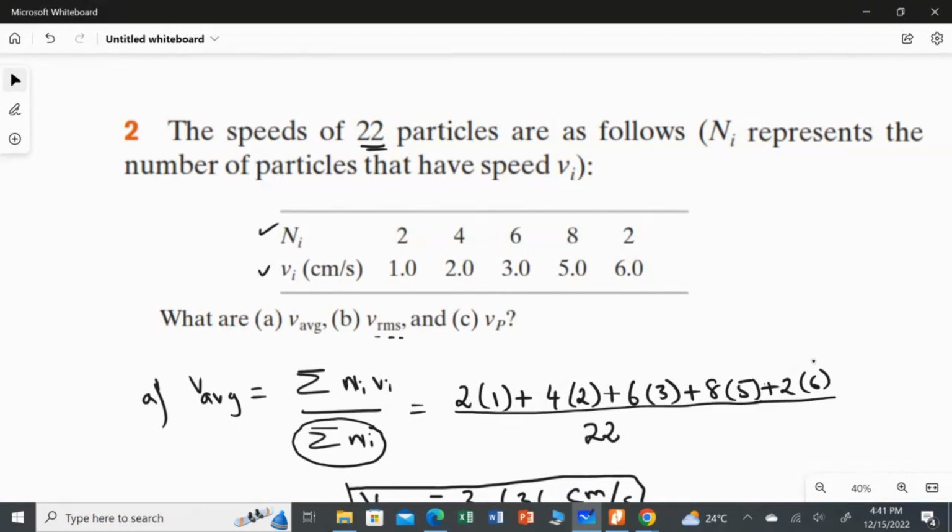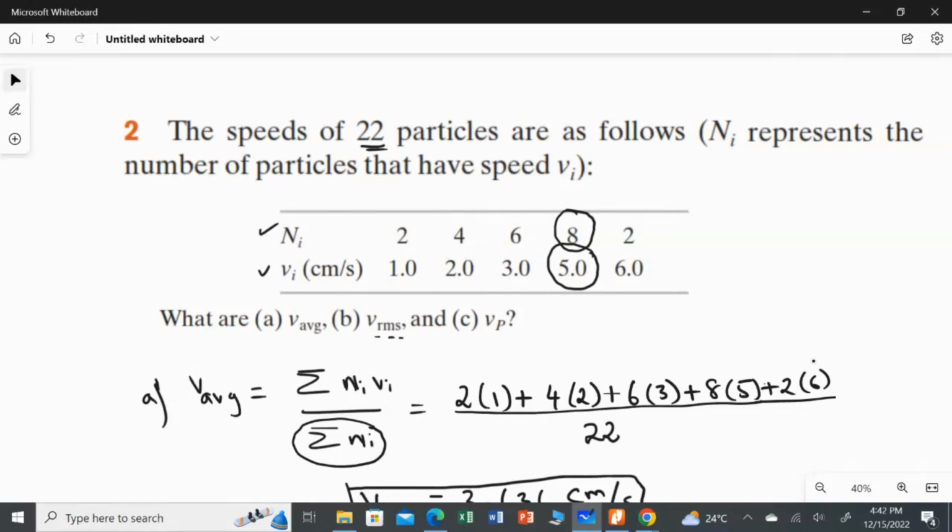Here we have 1 centimeter per second for 2 particles, 2 centimeter per second for 4 particles, 3 centimeter per second for 6, 5 centimeter per second for 8 particles, and 6 centimeter per second for 2 particles. So 5 centimeter per second is taken by 8 particles.